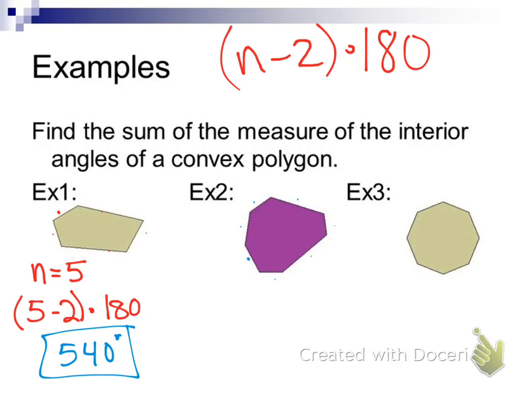So it looks like n should be what on number 2? Anyone know? Can you guys see from where you're sitting? I got 7. Did anyone agree? Yeah, 7. So we need to do 7 minus 2 and then multiply that number by 180. 900, good.